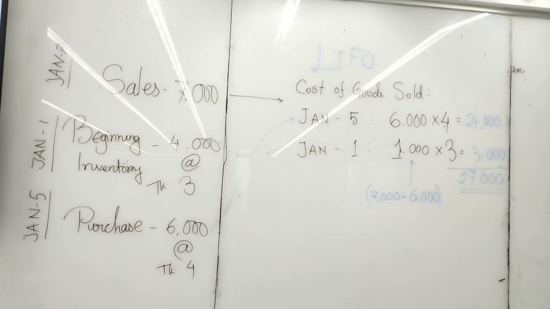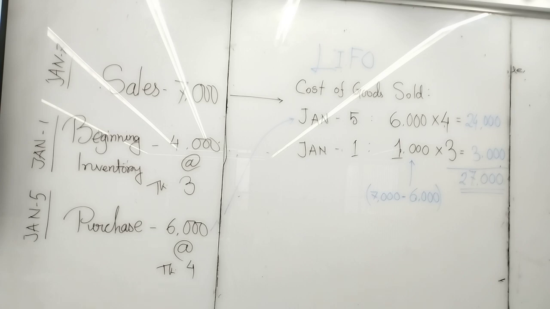Now we have solved the LIFO method, meaning last in, first out. We will be taking the last purchase, or the last item that has been taken into consideration. So among the 7,000 units, we have taken the full January 5 purchase, which is 6,000 units at 4 taka.